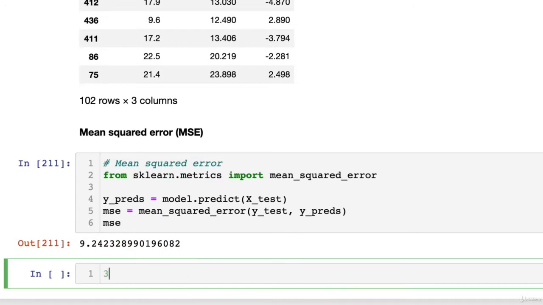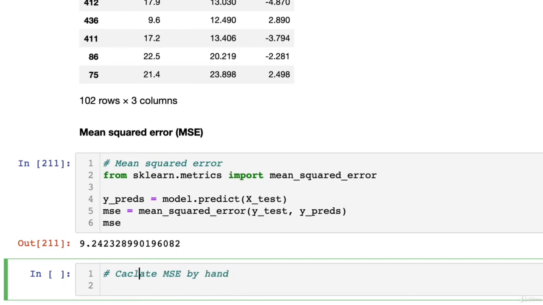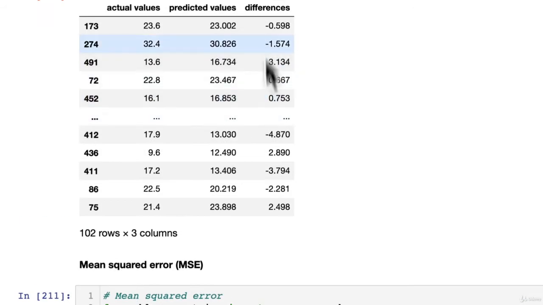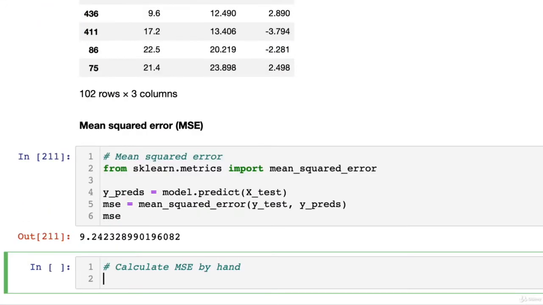Actually, we might just do it. So let's see if we can calculate MSE by hand. Now this is dangerous, right? We're going off the record here. So all we have to do is take the differences here. So actually df differences, we need to square that. Actually, we might do it here. So, is it np.square? Yeah, np.square of df differences, and then we should be able to call the mean on that.